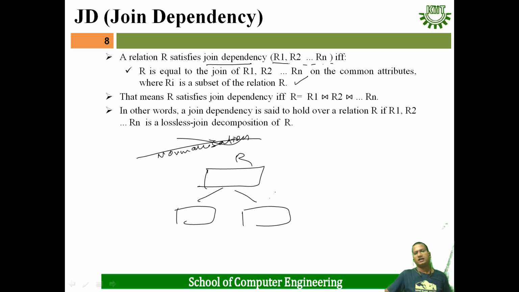Okay. And this join dependency says we can divide a table into multiple relations until when?